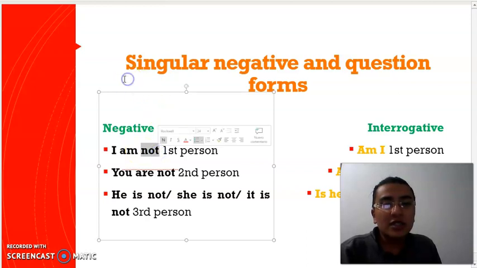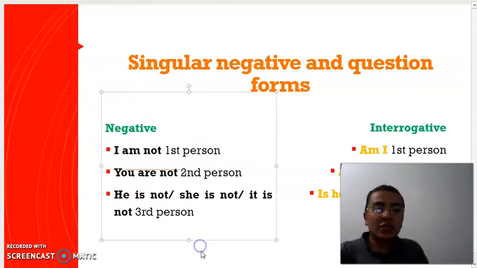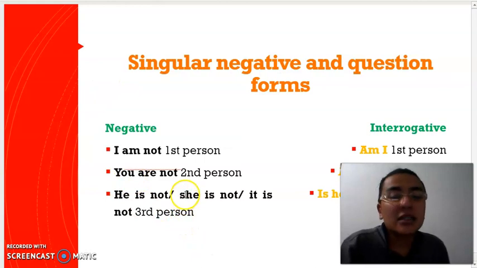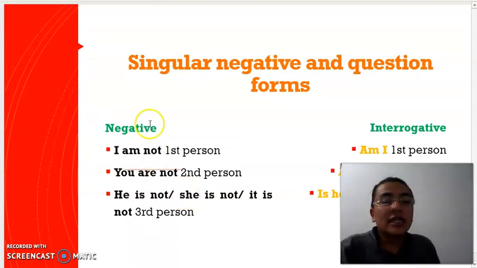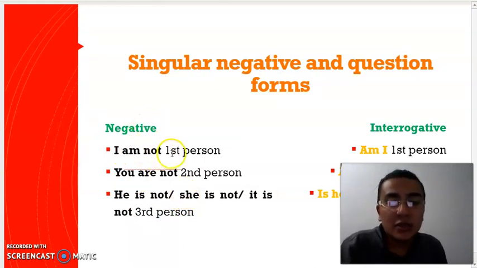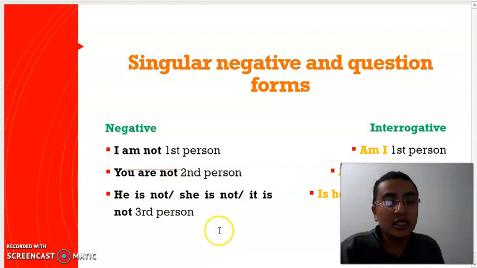You see? So the word not actually represents that we're talking about a negative form. So I am not, first person, you are not, second person, he is not, she is not, it is not in the third person.